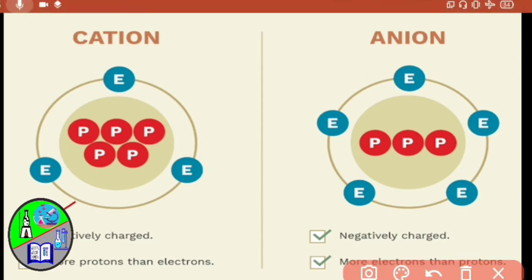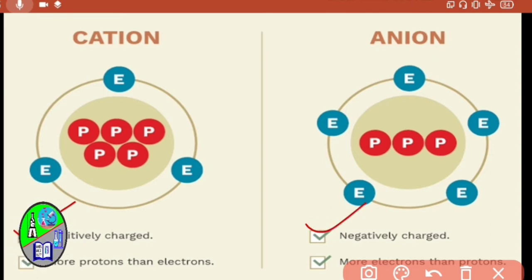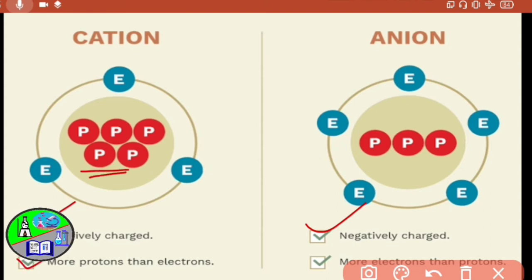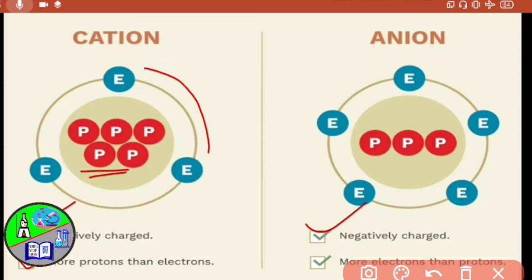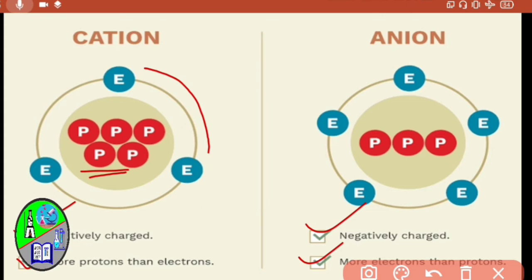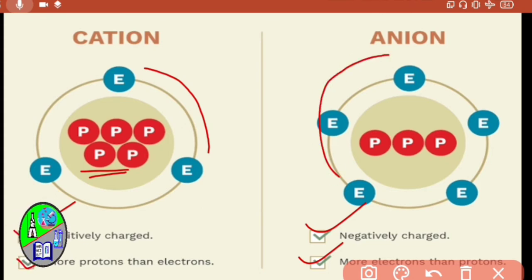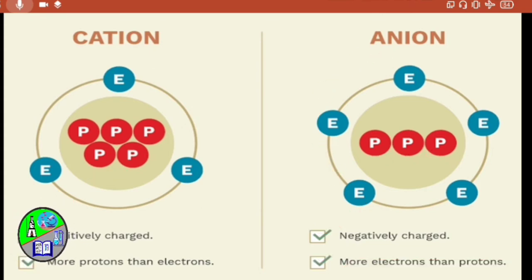Cations are positively charged while anions are negatively charged. In cations, more protons are present in comparison to the electrons, but in anions, more electrons are present in comparison to the protons.